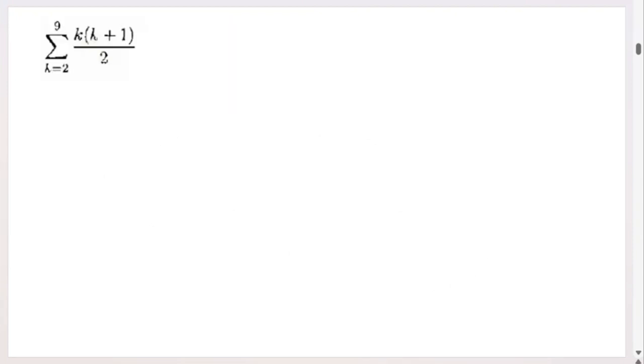Okay, here's another question. I am not going to go through this question. What I'm going to highlight here is when you are substituting. Okay, when you are substituting, the substitution is saying you are starting where your k is equal to 2, and then you end where your k is equal to 9.